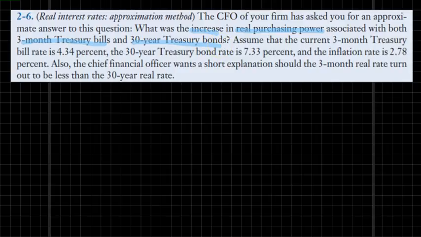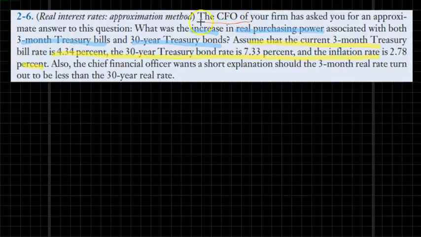Some facts are also given along the way, and these are very lengthy, so I will just highlight those only. However, the Chief Financial Officer also wants a short explanation should the real purchasing power associated with these two different securities actually be different.